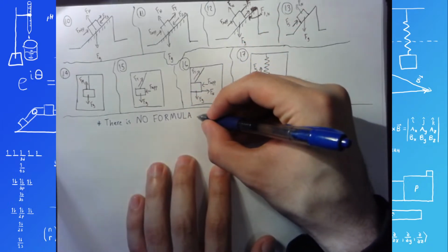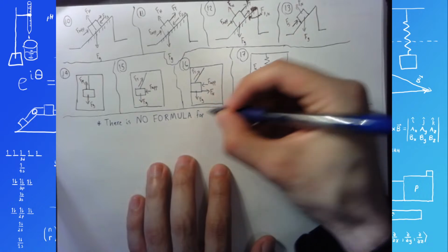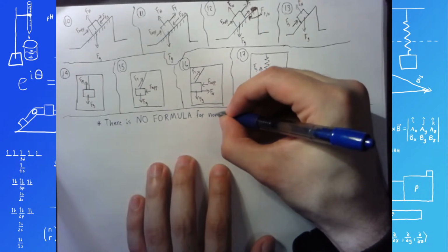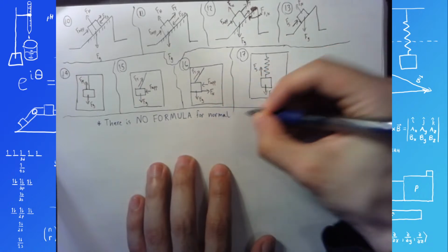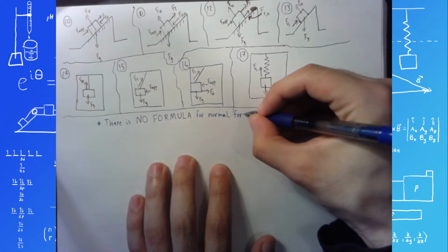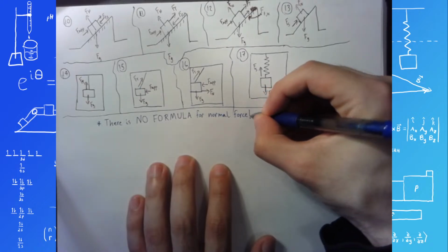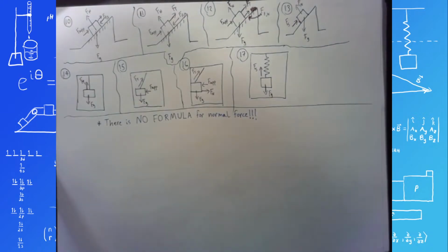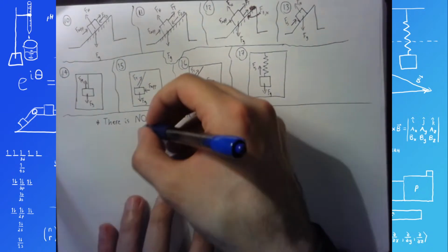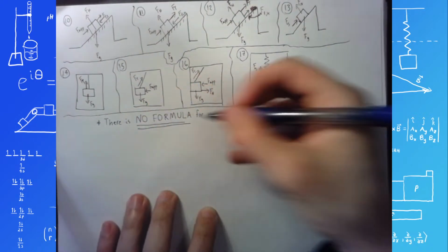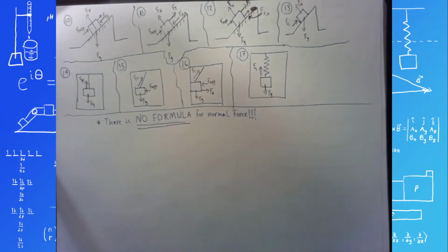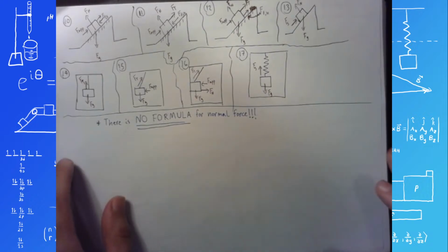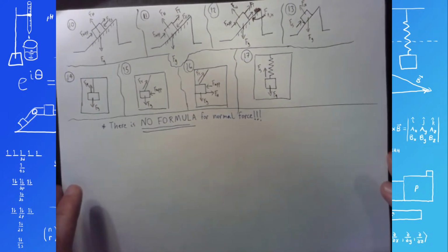There is no formula for normal force. Three exclamation marks. There is no formula for normal force. What else do you want? Quotation marks, italics, bold print. How many ways do I have to emphasize this? How many?